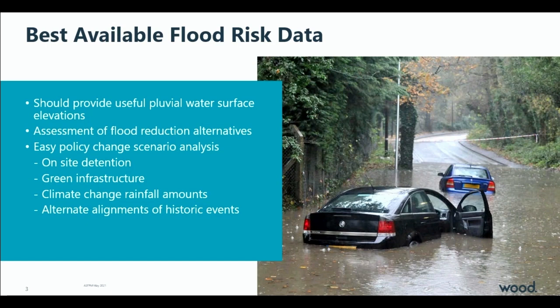You might take a historical event and change the way it crosses the community. It goes across this community instead of this community to see what would happen if City A had the same event that City B had the year before. So this is best available data and should be used accordingly.